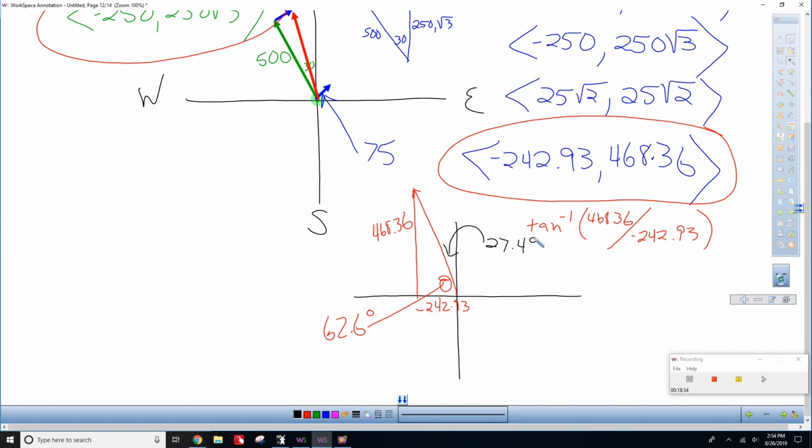How fast is the plane going? Well, how fast the plane is going is the magnitude of this vector. How do we find the magnitude of the vector? It's just the Pythagorean theorem. Square root of a squared plus b squared, where this is a and this is b, so let's bust that out in our calculator.